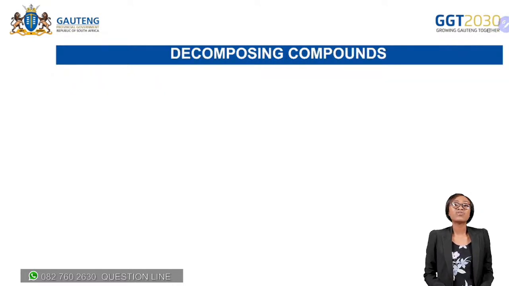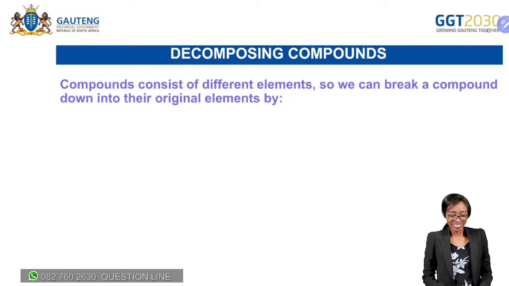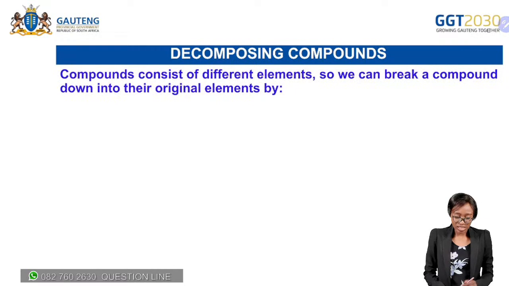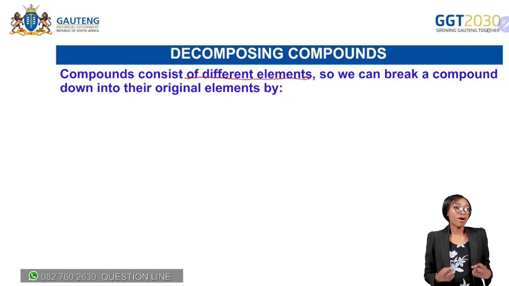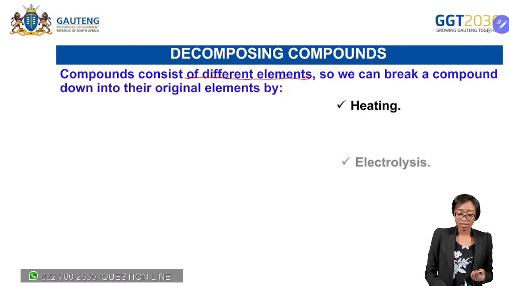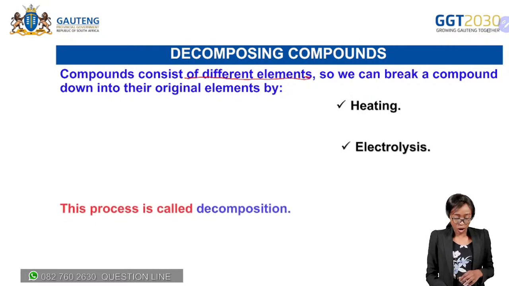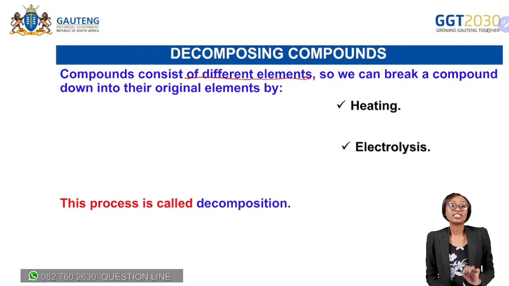All right, now let's move on to decomposing compounds. Compounds consist of different elements. So we can break a compound down to its original elements either by heating or by electrolysis. Now this process is called decomposition. That is the name of the process.